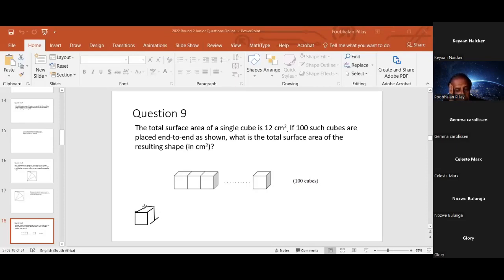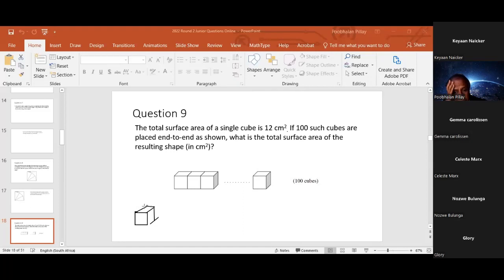All of them are squares. It's nice to know the properties of a cube. You got 6 faces. You call these the faces, right? And these lines here are called the edges.